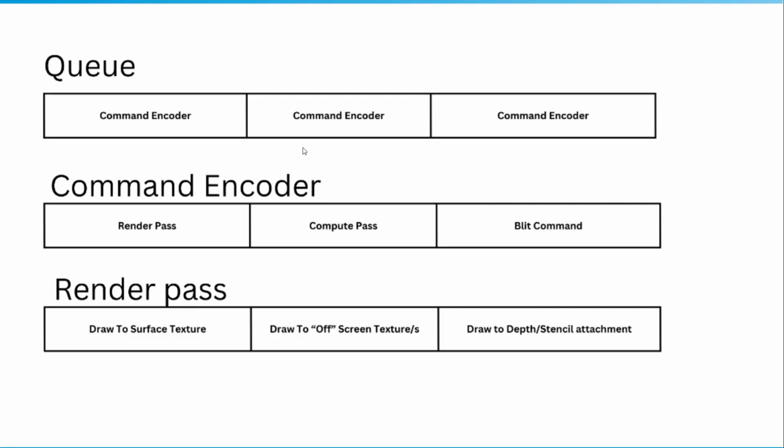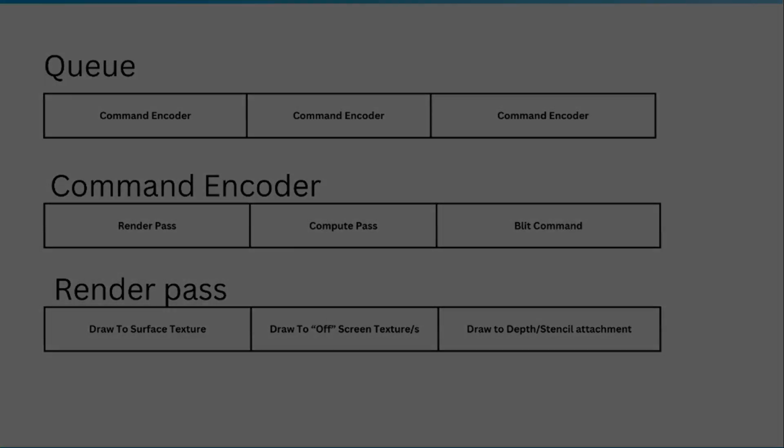The queue just says, okay, I execute this command encoder first, which has its render pass, and we execute that render pass and draw something to the surface texture. But the second command encoder might have another render pass that draws to an off-screen texture and stuff like that. So you can combine it in any way you want. What's important is your graphics card needs to know in which order to execute what. And so that's what the queue is used for.